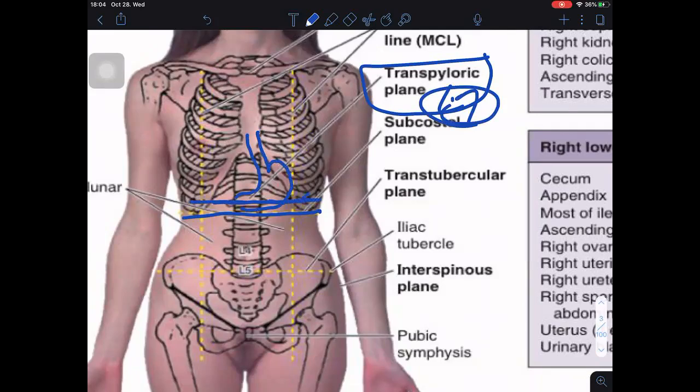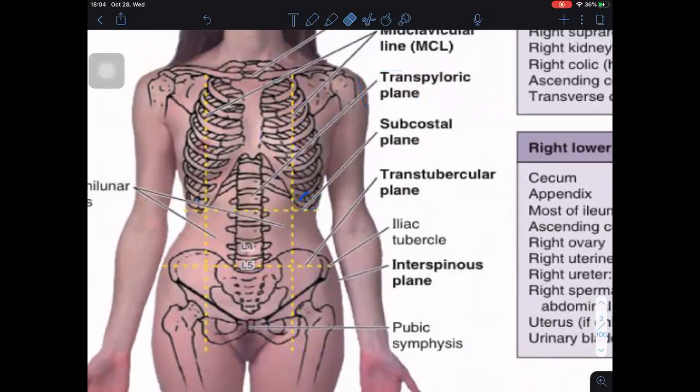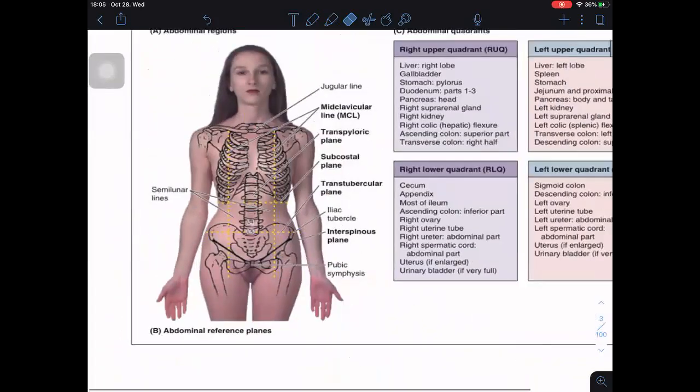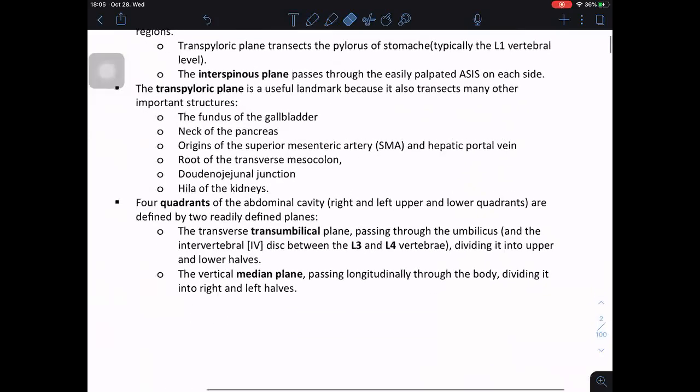So it just depends what you like more. The good thing with the transpyloric plane is that there are certain structures that are located in that region. I made a list over here, but I'm not going to go over them because we haven't covered them. For example, a part of the gallbladder called the fundus of the gallbladder is over there.